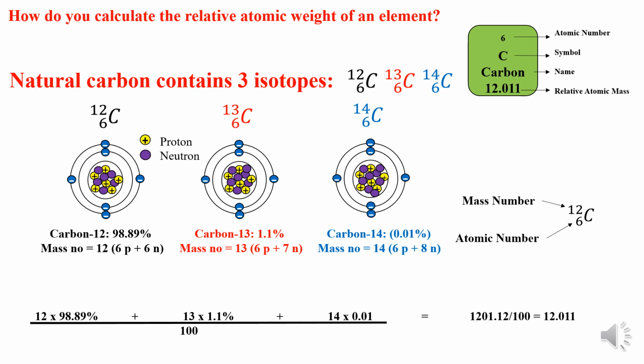And what is the abundance? Now here carbon 12 has an abundance of 98.89%, C13 has an abundance of 1.1%, while carbon 14 has an abundance of 0.01%. Now abundance is the percentage of that particular isotope present in the element.